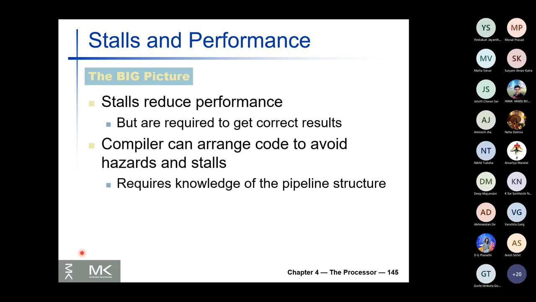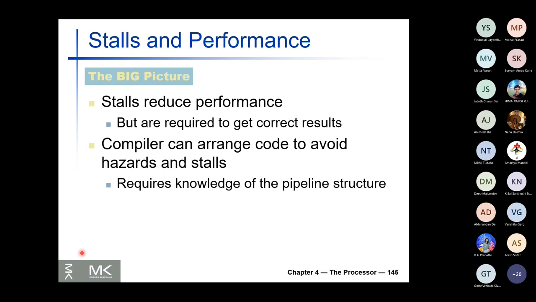And we have also seen that for both data hazards and control hazards, the compiler may play a major role in reshuffling the code so that whenever stalls are inevitable, those slots can be filled with some other instruction, and then the overall performance would increase.